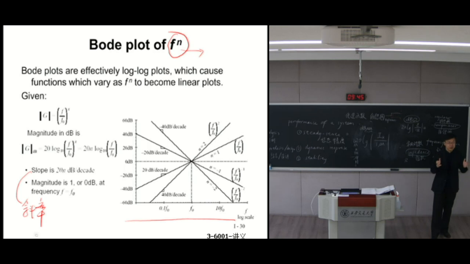Very often we're going to deal with such kind of transfer function. And such kind of transfer function, if you draw their Bode plot in logarithm scale, it's going to be a straight line. Very simple.